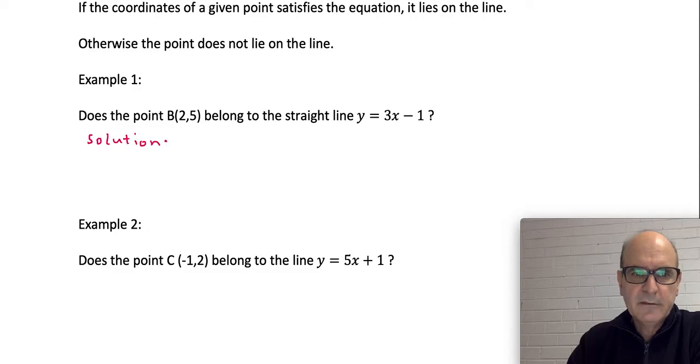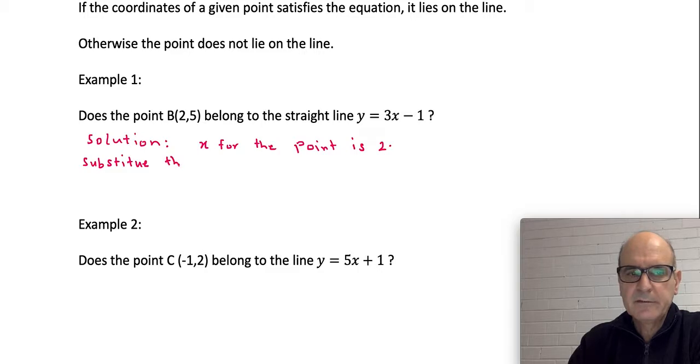As I said, I take my x value for the point. So x for the point is 2. The first one is the x. Substitute that in the equation, so it means replace x with that x value in the equation.